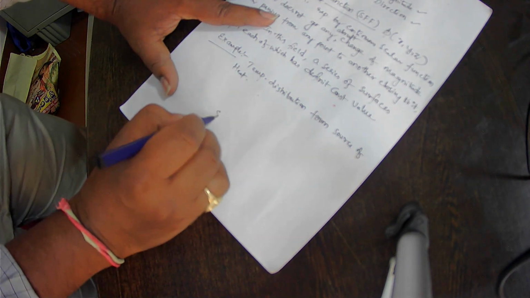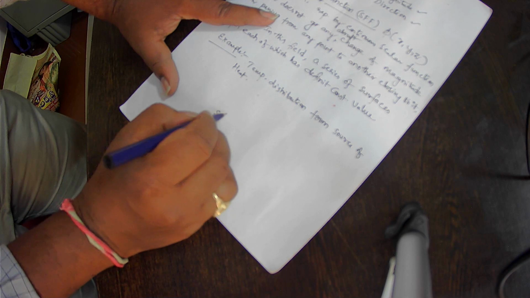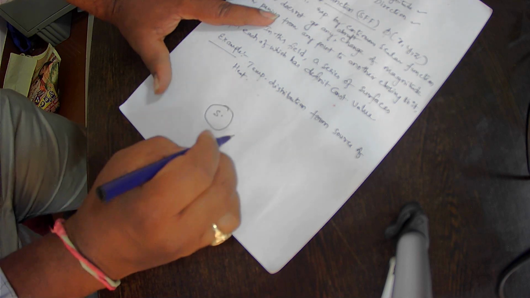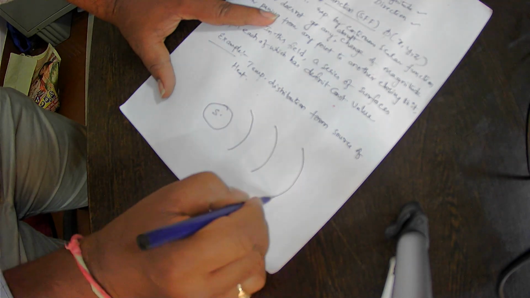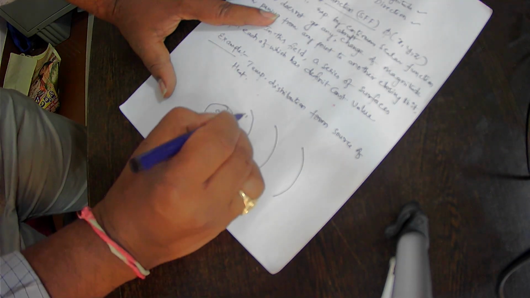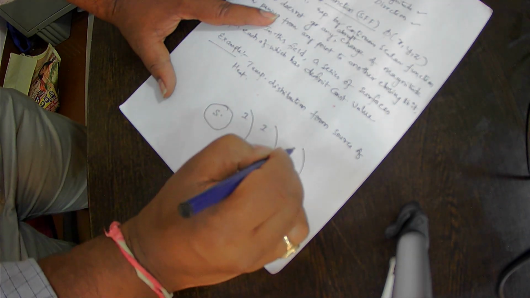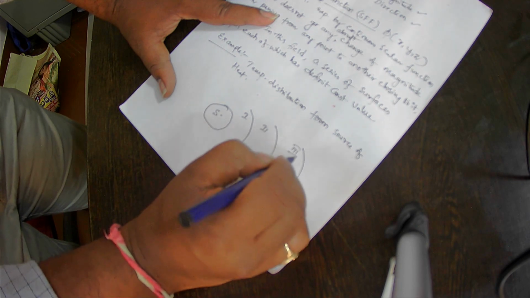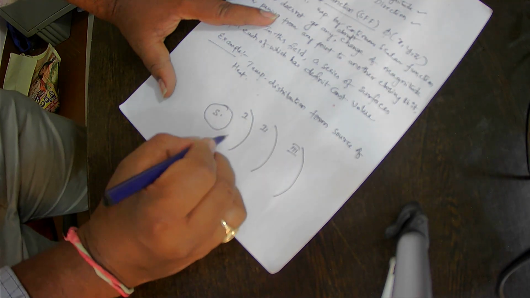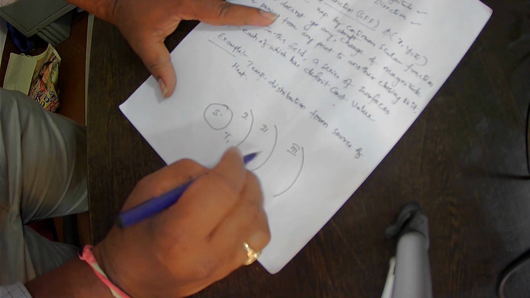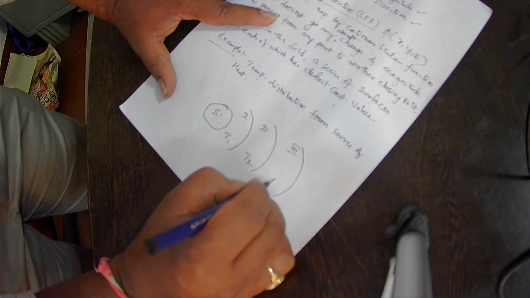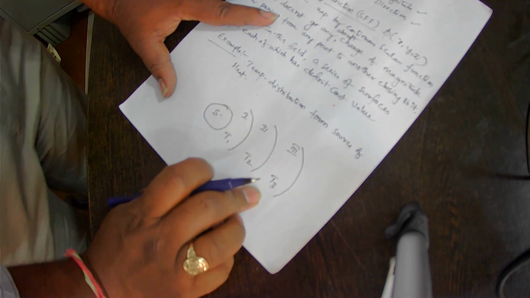So if you take S as the source of heat, there may be different regions, right? Like this, you may take this as region 1, region 2 and region 3. Say for example, in the first region the temperature is T1, in the next region the temperature is T2, and in the next region the temperature is T3.